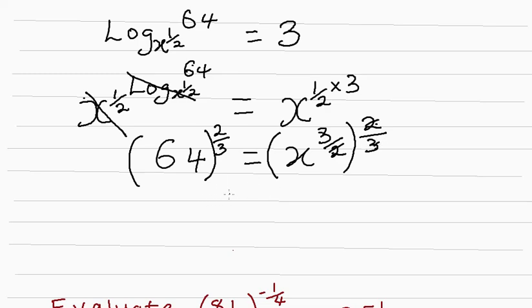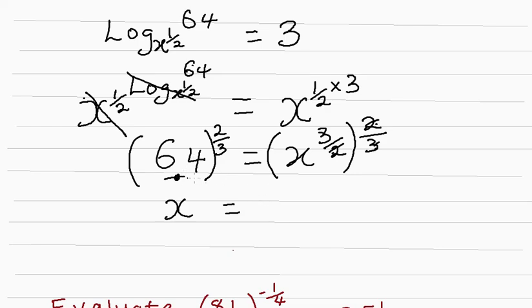So that x now is going to be equal to... Let's see how we are going to solve this. I want to find the cube root of 64, but it's very difficult to know exactly how to find the cube root of 64. Let's use 4. 4 times 4 is 16, 16 times 4 is 64.